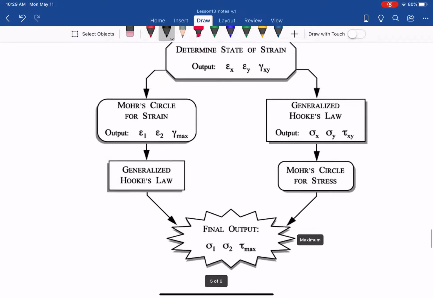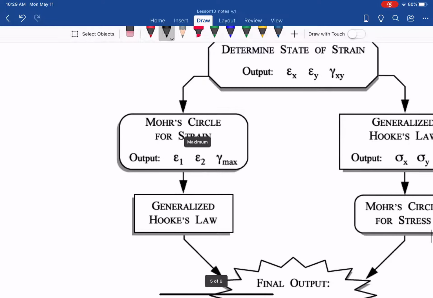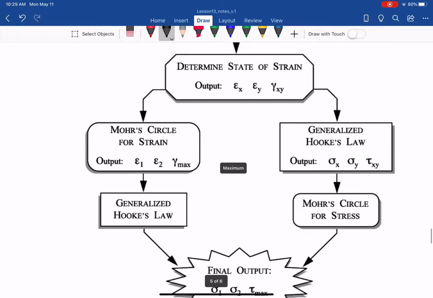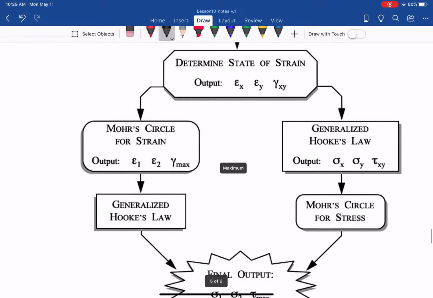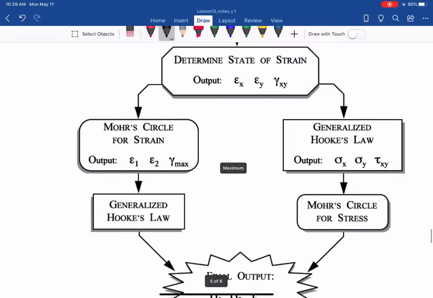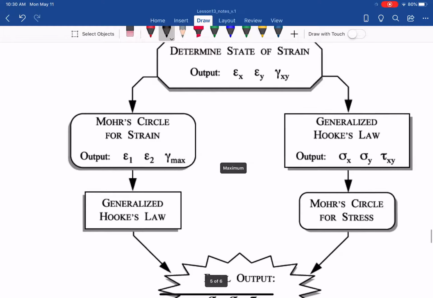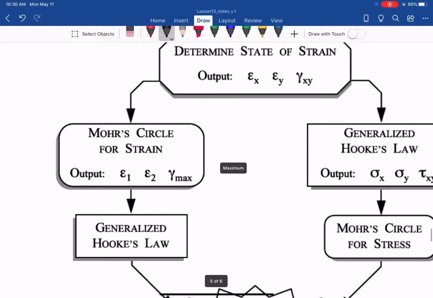How? The first, as you can see in the flowchart, the process on the left. After you have epsilon x, epsilon y, and gamma xy, you draw the Mohr circle for strain. This is nothing new to you. See my example in the lesson note. From that Mohr circle, you can find out epsilon 1, epsilon 2, and gamma max. And then you use the generalized Hooke's law, and you already have epsilon 1, epsilon 2, and gamma max in the Mohr circle for strain.